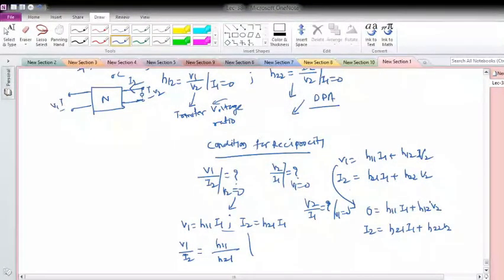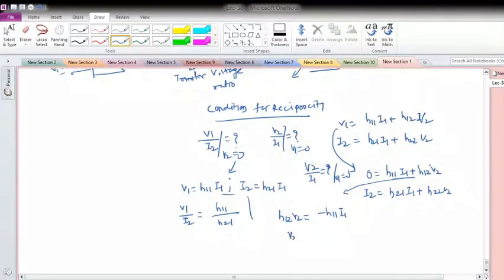And what I want is V2 upon I1, so I can take the help from the first equation only, which will be H12 V2 is equal to minus H11 I1. Okay, so V2 upon I1 will be minus H11 upon H12.